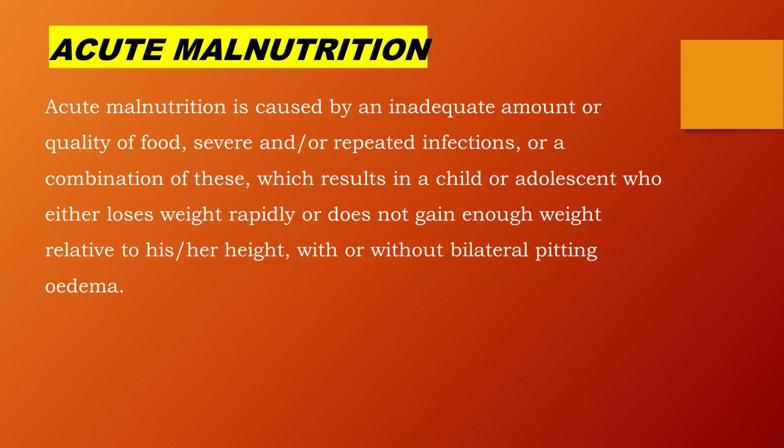See, both things are coming here, not just the food, but the susceptibility of that particular child to have infections in the severe form or repeatedly. That is very important, or a combination of both, the factor under nutrition as well as the factor under health. Both can result in acute malnutrition, right.